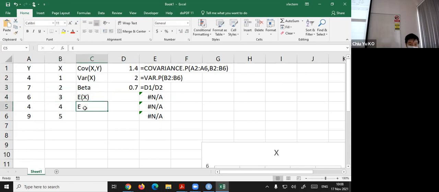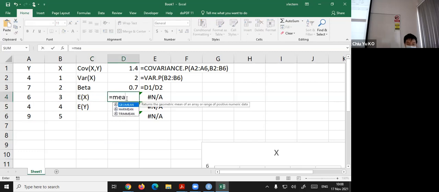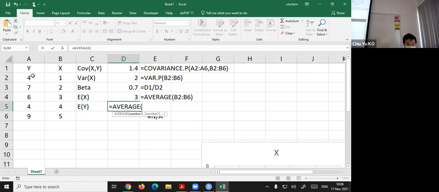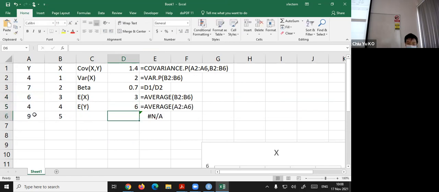Doesn't matter. EX is just the average of x, and the mean of y is just the average of y.